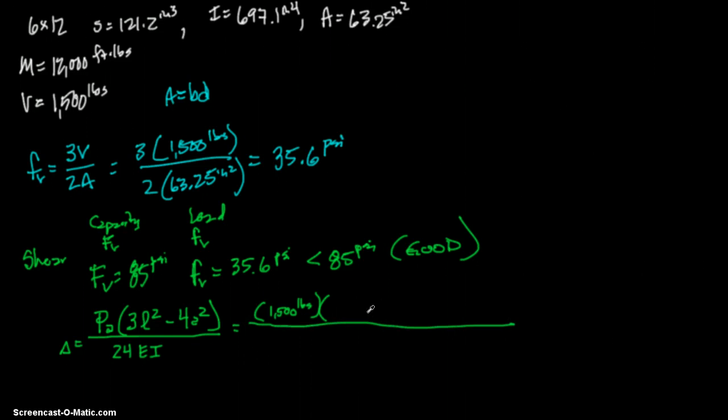And you know what I'll do? I'll do what I typically do, which is put this stuff over on the side, just because it's easier for me to change this stuff on top. So A equals 8 foot times 12 inches per foot. Okay, so that's the PA over 24 EI.